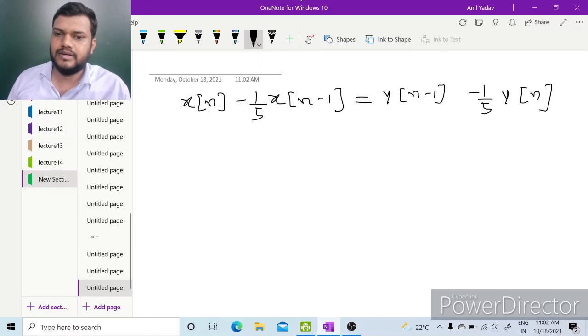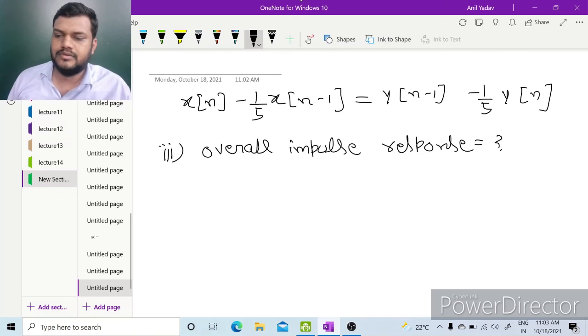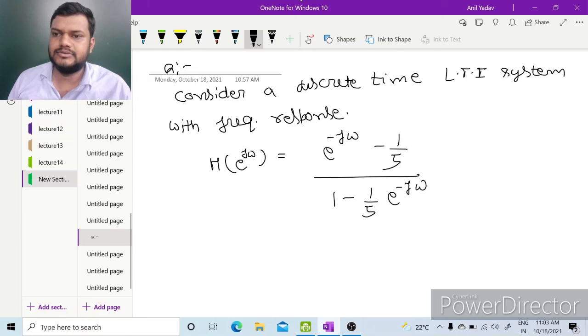Now we have to find the overall impulse response in the third part. Overall impulse response means h[n] we have to find. As H(e^jω) is given, we can find it by taking its inverse DTFT.